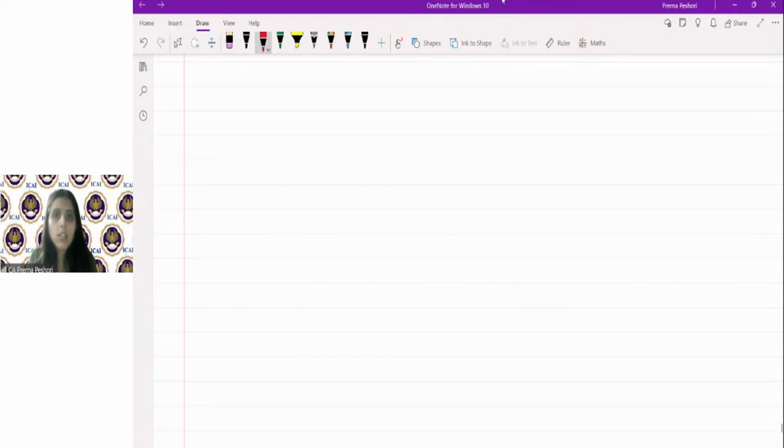Exemption from capital gain. First is under section 54. Under 54, what is the exemption? The eligible assessee is an individual and HUF.